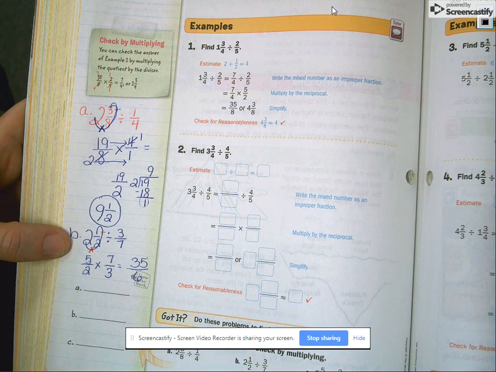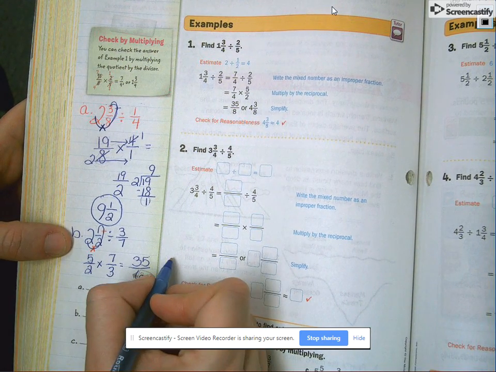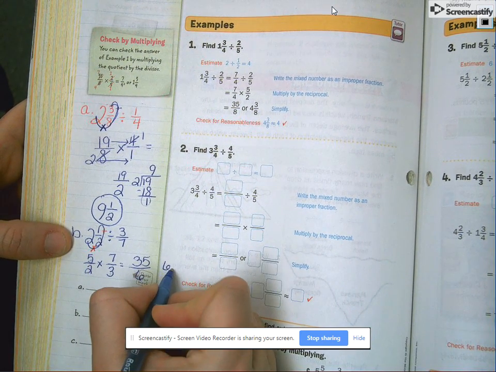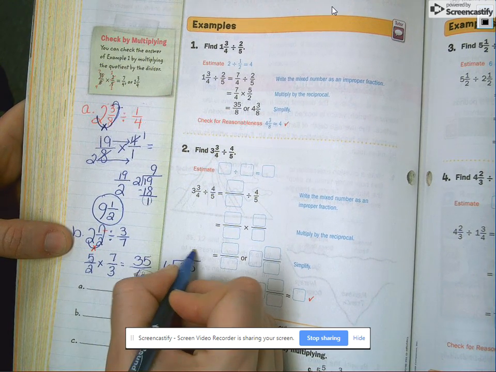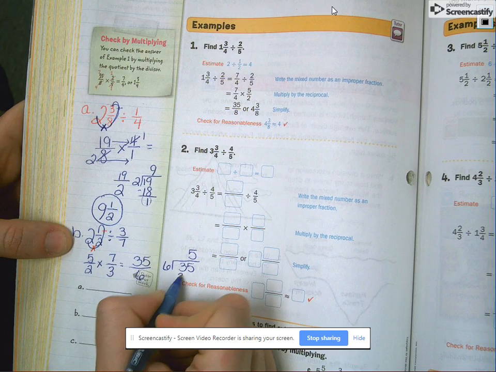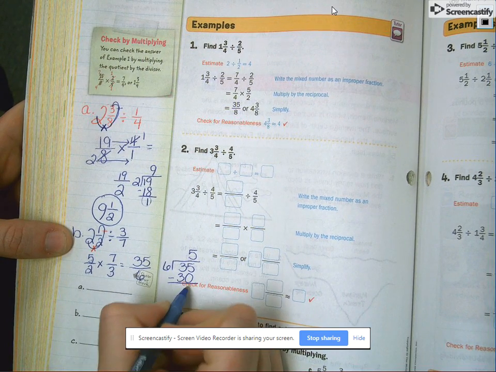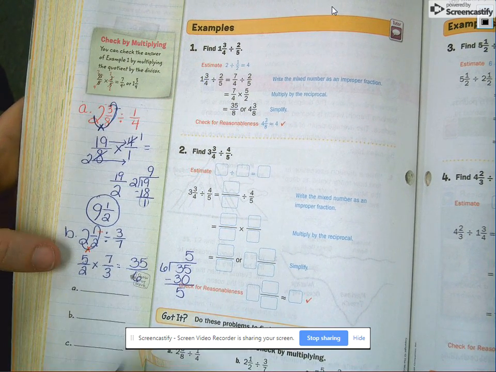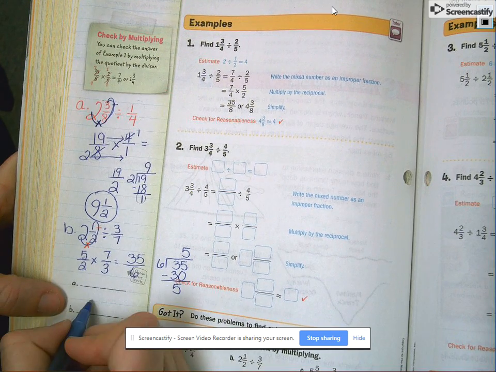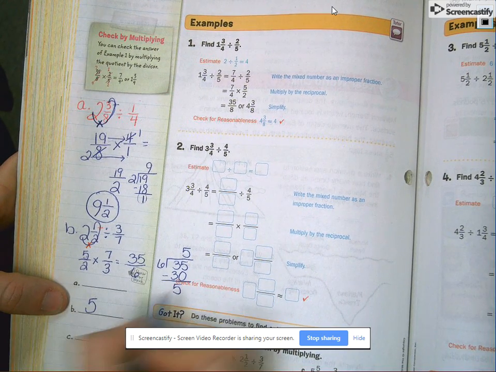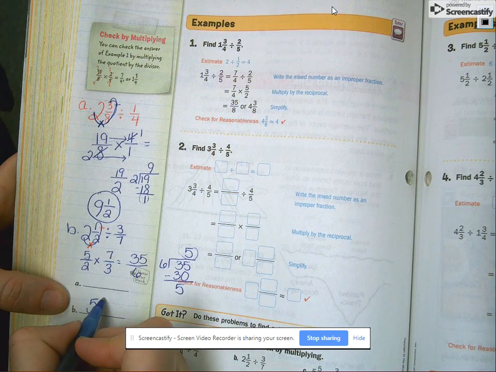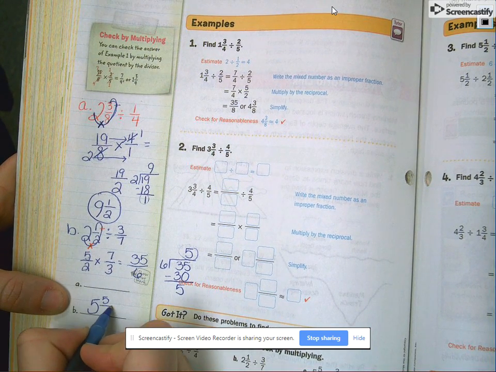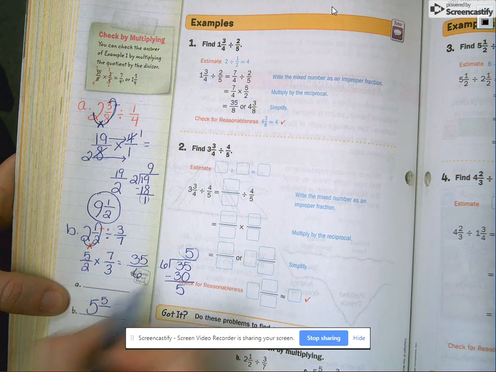Now I'm going to divide it out to turn it back into a mixed number. 6 goes into 35 5 times, and I have 5 left over. So my answer to B is 5 wholes, and then I have 5 left over that I couldn't group out of my groups of 6.